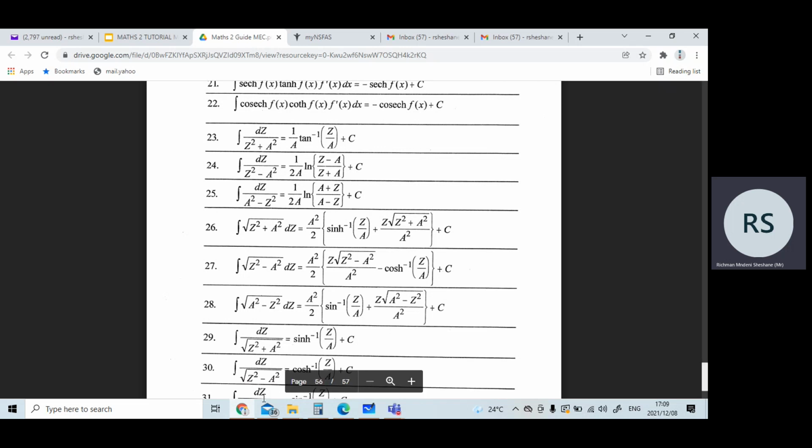So here we're going to write this formula down. After integrating, this integral will be this, okay?